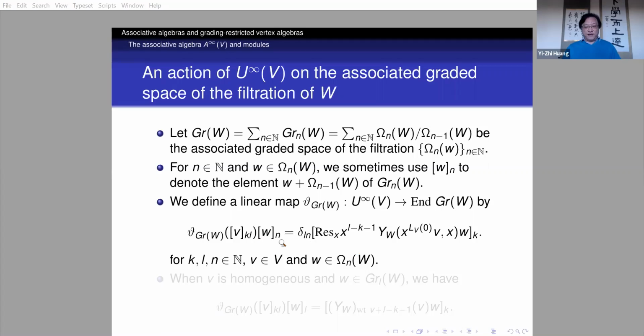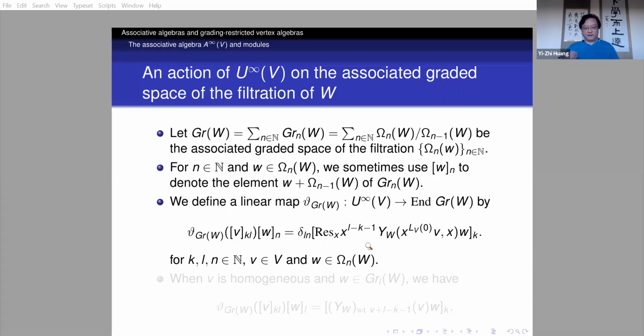But if n equals L, it means that you start from the Lth subspace, and then you have a weight L minus K minus L operator acting on this, which will change the weight. Actually it's not weight, but roughly speaking it's weight, but see, it's Omega n.